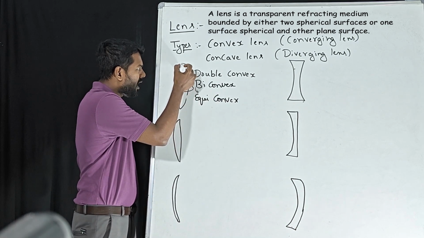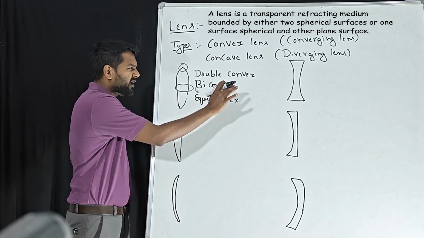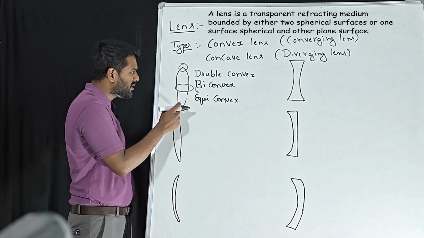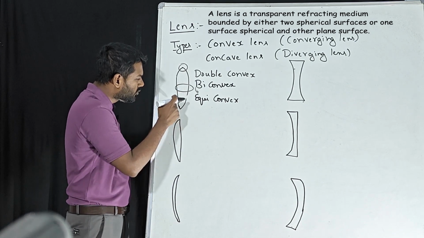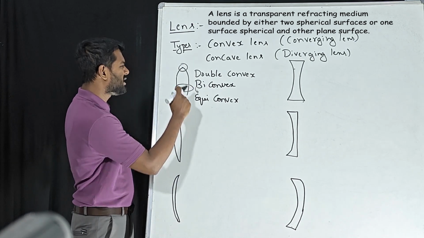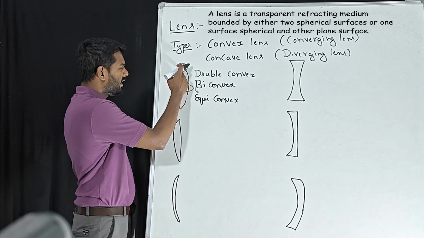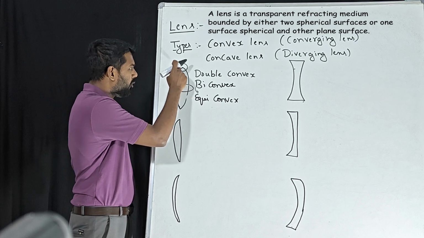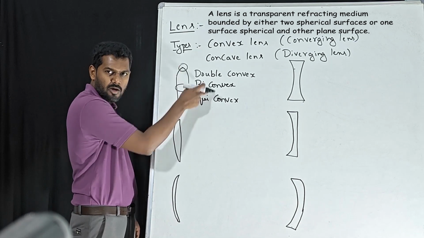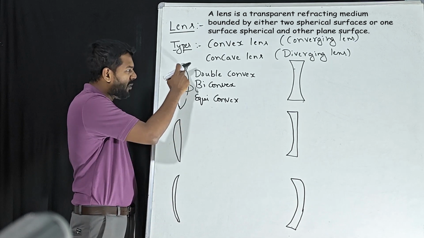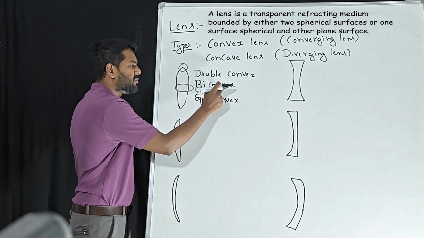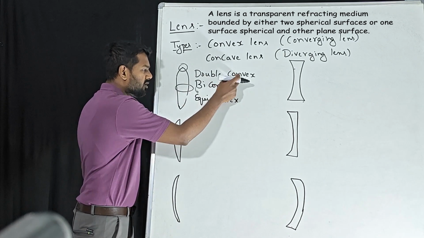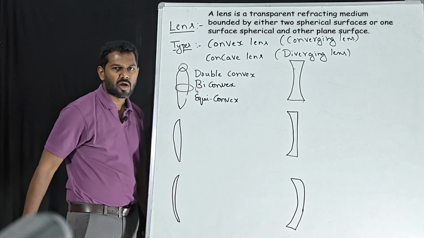Convex means the spherical surface should be outward, like bulging. If it is bulging, this is called convex. Both the sides are bulging, correct? That is why it is called biconvex, or double convex, or equiconvex.